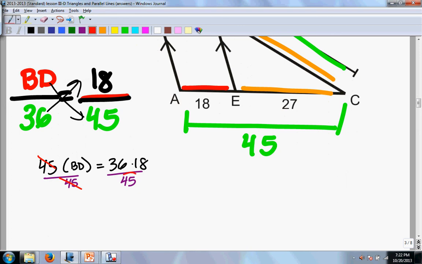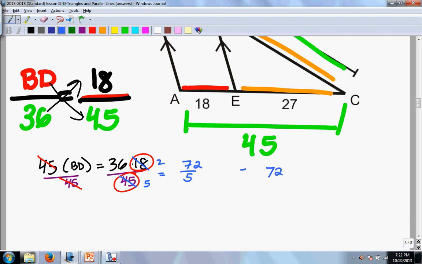Now we reduce as far as we can, so we're going to go 45 and 18 first, because we know 9 goes into both, so 9 goes in here 5 times, and 9 goes in here twice. Now we have 36 times 2 is 72 divided by 5. Once again, we have long division. Don't panic. We're going to do this together.